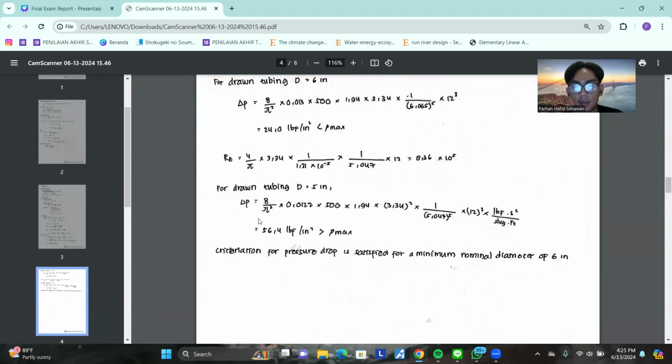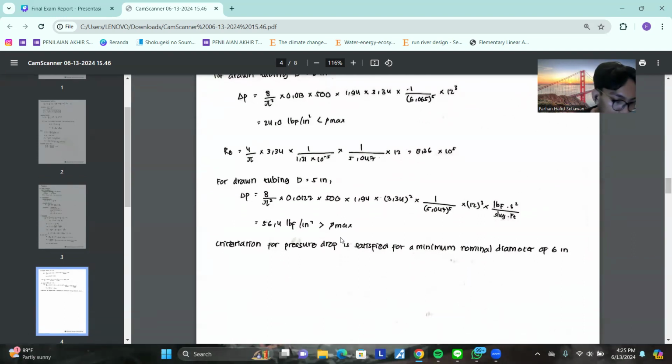So we got delta P equal to 56.4 lbf per square inch, which means it is greater than the P max or the pressure max. So this criterion for the pressure drop is satisfied for minimum nominal diameter of the 6 inch gitu.